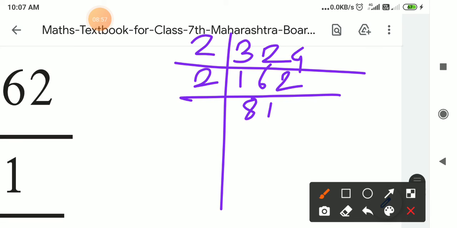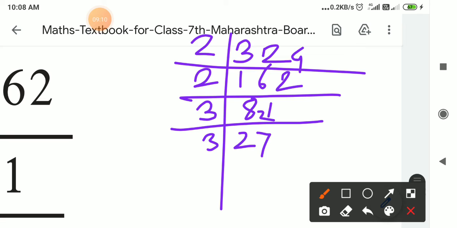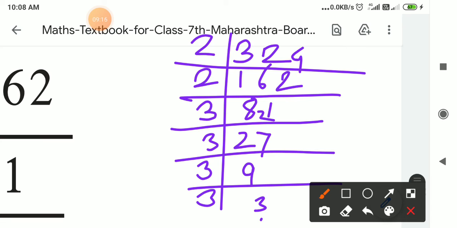Now 81 is not divisible by 2, but it is divisible by 3. You have to learn the divisibility test and use it for solving this. So 3 2s are 6, remains 2. 3 7s are 21. 3 9s are 27. 3 3s are 9. And then 3 1s are 3. 1 comes, then stop here. For these 2, you have to take one 2.